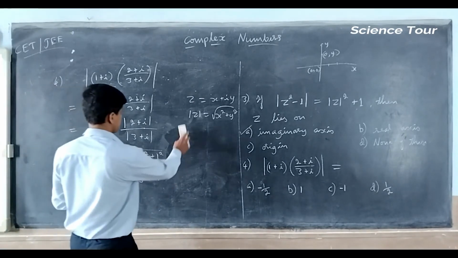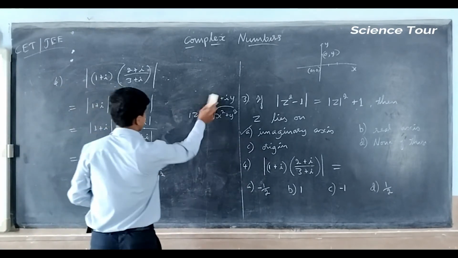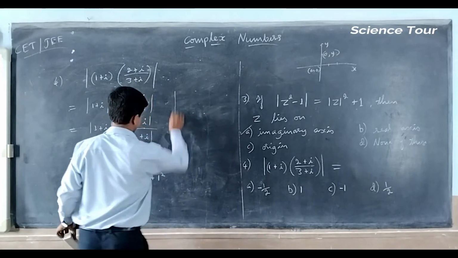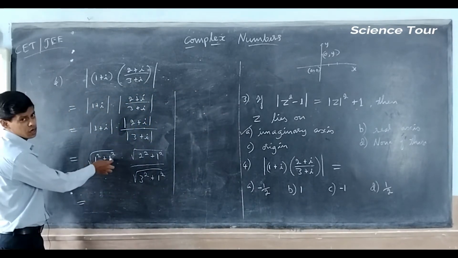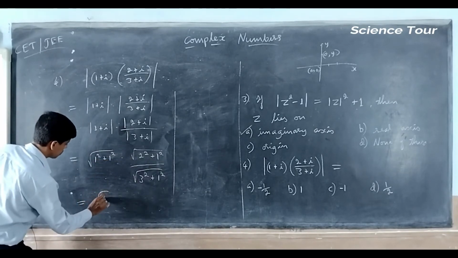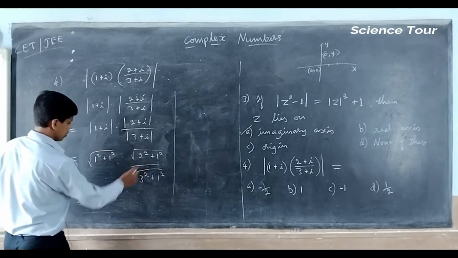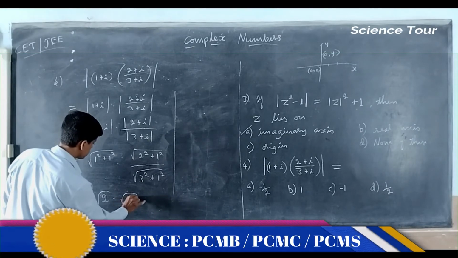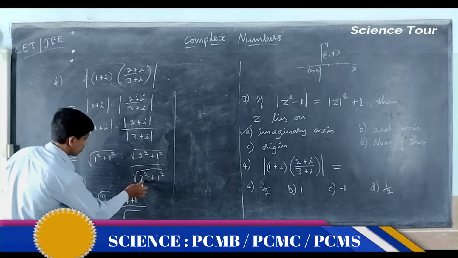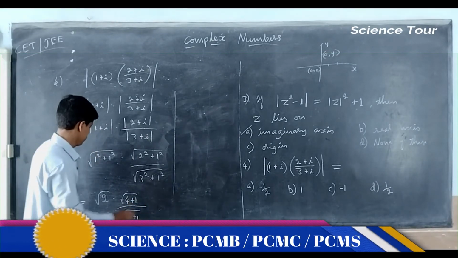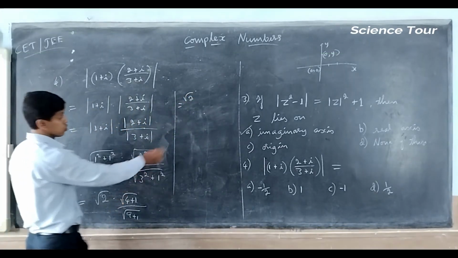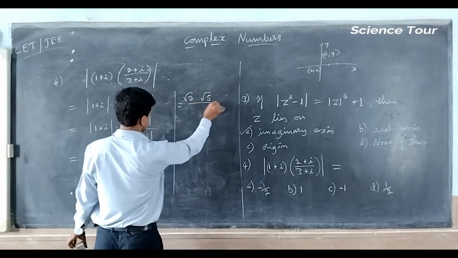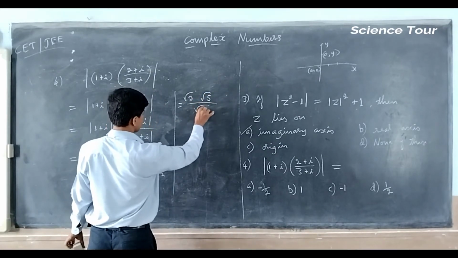Let's continue. Next, see, 1 square plus 1 square is 1 plus 1 which is 2, into 4 plus 1, divided by 9 plus 1. So that's like root 2 and then root 5 divided by root 10.